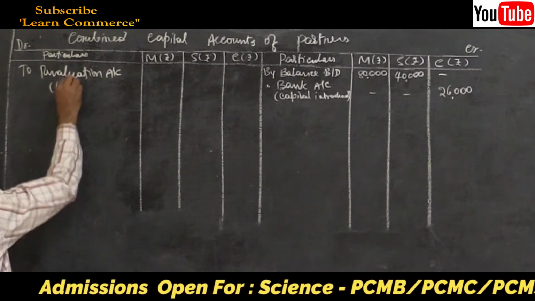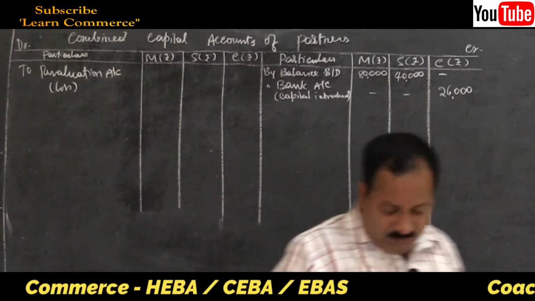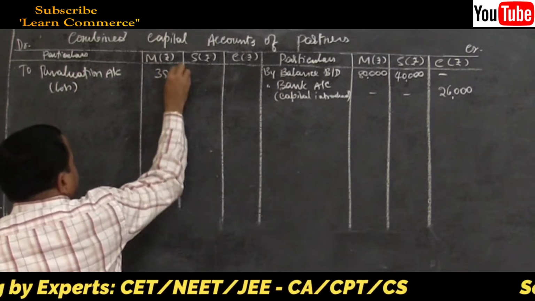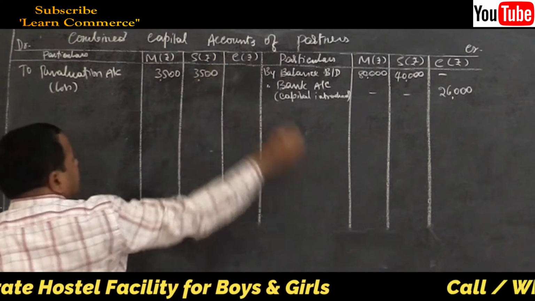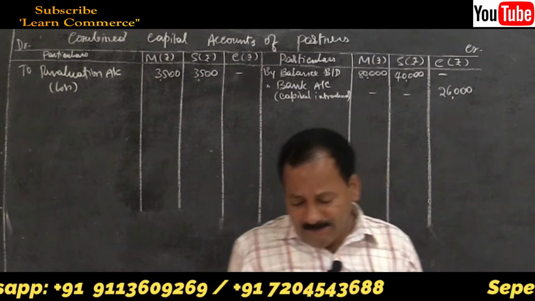Loss on revaluation. How much it was? That was 3,500 each. Equal partners, right? 3,500 each. Enter it in their columns. No loss to be borne by the new partner.